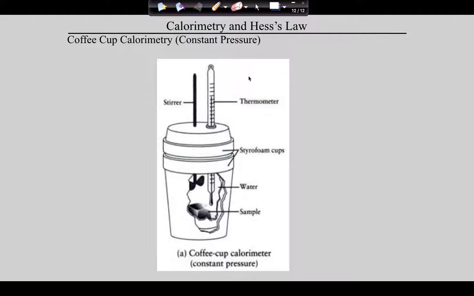We're just going to use stacked coffee cups. It works pretty well. Then guys, in this calorimeter, notice what we've got. We've got a thermometer, we've got a stirring device, we've got a lid, we've got styrofoam cups, and then we've got stuff inside the cups. Guys, that's all there is to it.